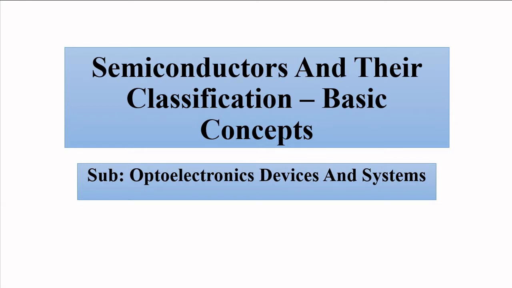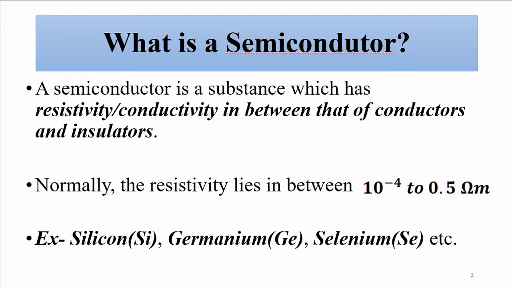Okay, so in a quick way, what is a semiconductor? Basically, a semiconductor is a substance which has its resistivity or conductivity lying in between that of conductors and insulators, and normally it lies in between 10 to the power minus 4 to 0.5 ohm meter.